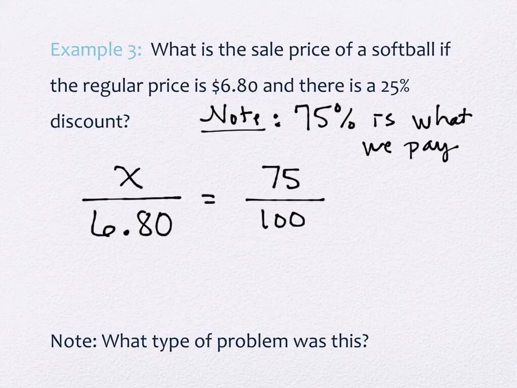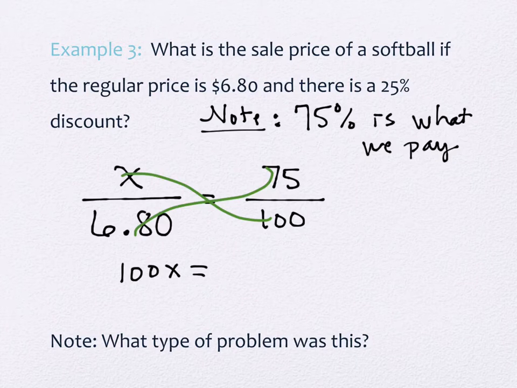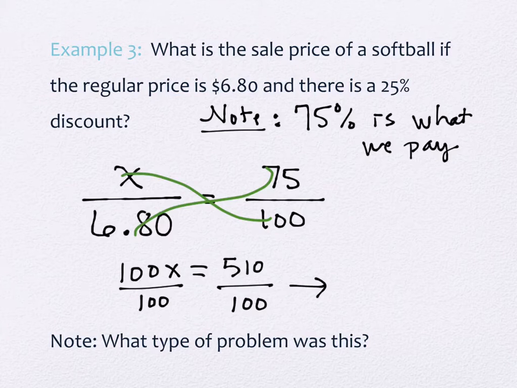So that part's nice, and it makes this a nice way to solve the problem. So we are going to cross multiply. So I have, in some order, either 100x on the left or on the right. And then if you take the 75 and you multiply it by $6.80, what do you get? 510. And then we'll divide by 100. So what is 510 divided by 100?